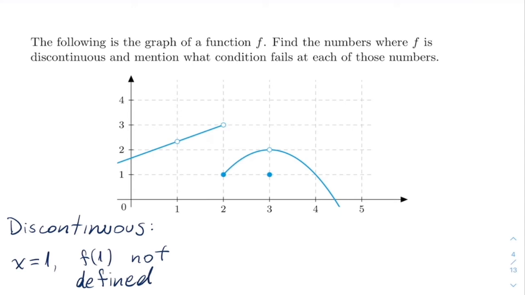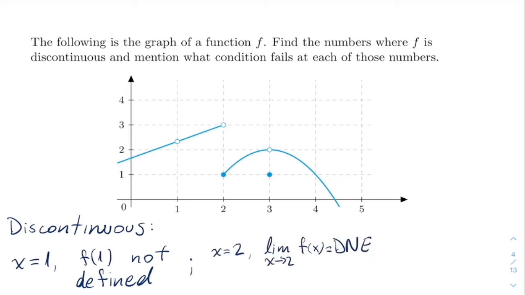The second example here is at x equals 2, where we can see that even though the function is defined, the limit does not exist, because from the left we're approaching 3 and from the right we're approaching 1.